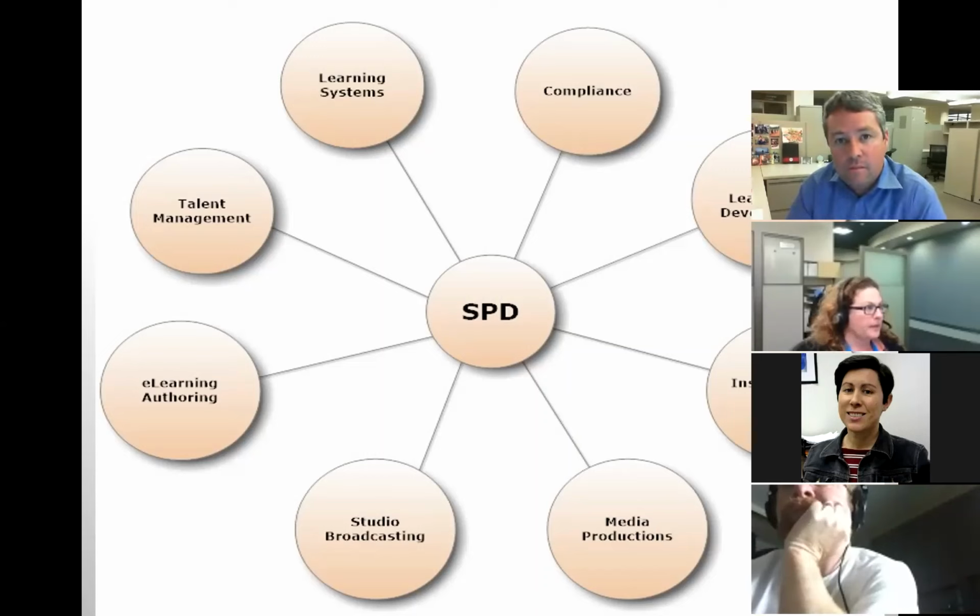And what I call learning systems is basically our learning management systems. We currently have a contract with Skillsoft and Skillport. So that's the main way that we communicate content to our campuses. We also use Blackboard for our leadership development program, and any other system that we have.